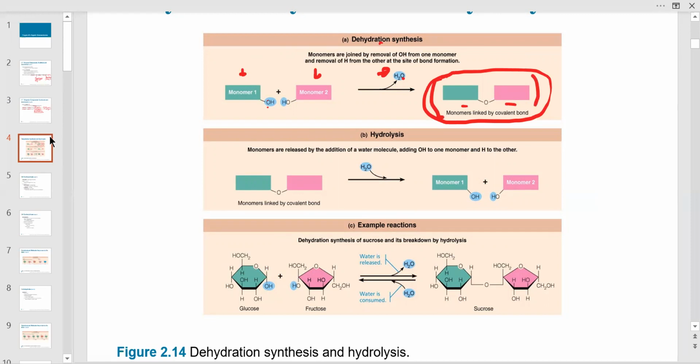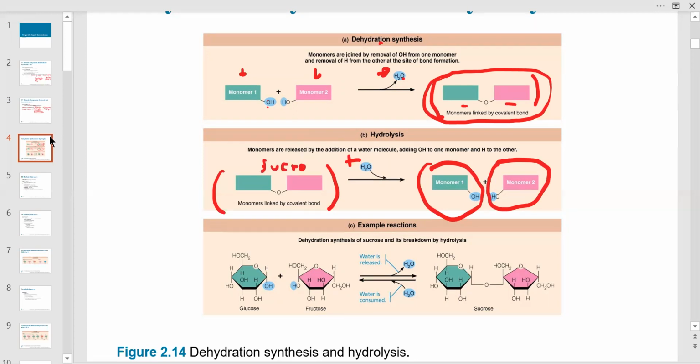Notice I'm saying molecule now because we're getting large molecules, macromolecules. Hydrolysis is where you take a larger, or like a disaccharide or a dipeptide, you add water, and then you get two separate monomer molecules. Like if this is sucrose here, then you break that down to glucose and fructose.